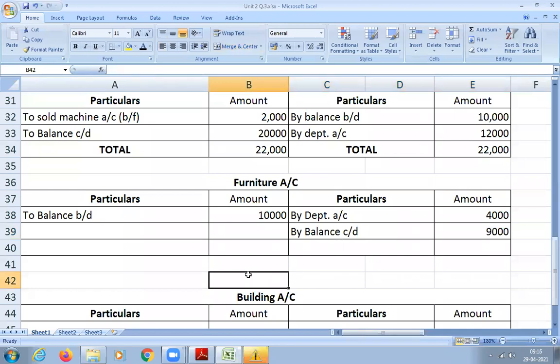So let us find the balancing figure. Calculate. How much is the total on the credit side? 13,000. But on the debit side we have only 10,000. So how much is the balancing figure? 3,000.